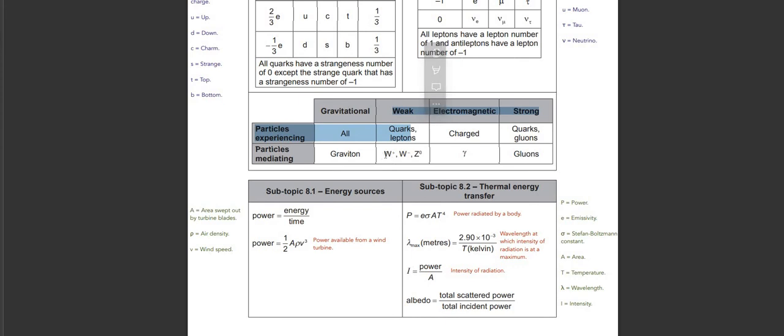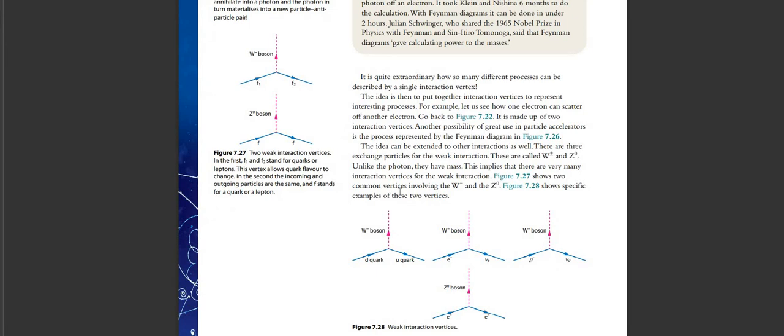For weak interactions, you have the W bosons. For electromagnetic, you have photons or gamma particles. For strong interactions, you have gluons. That's essentially what happens when your quarks react. They release or absorb these exchange particles, which causes the changes to happen.